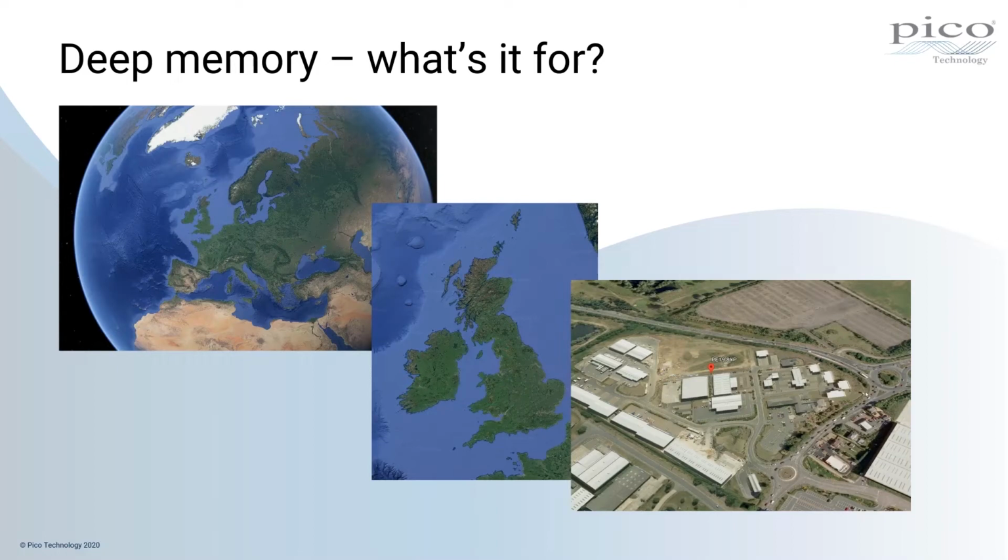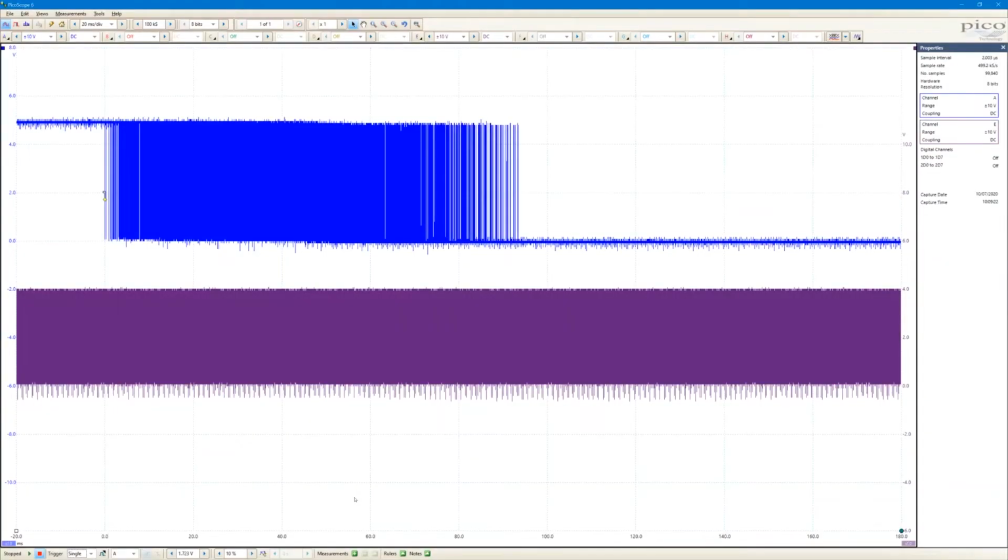But of course that's not actually the way it's done. The Google Earth system works with a system of stitched images that enable, using a post-processing system, users to zoom in on a level of detail that they want. Now in typical electronics, that isn't the case.